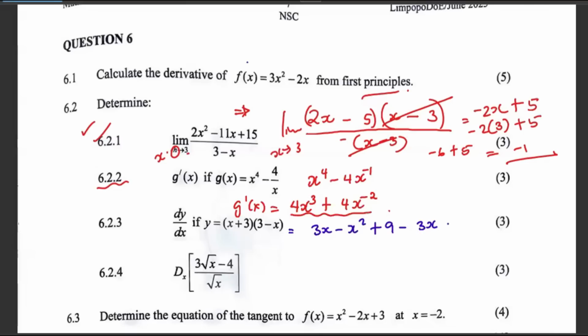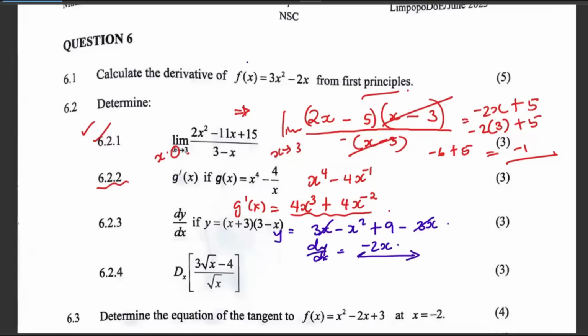Okay, that's your y, so this cancels that. We're left with negative x squared plus 9, meaning that dy/dx is going to be negative 2x. 9 is a constant, so it has no derivative, or its derivative is 0.